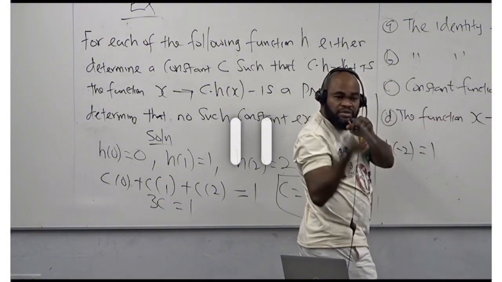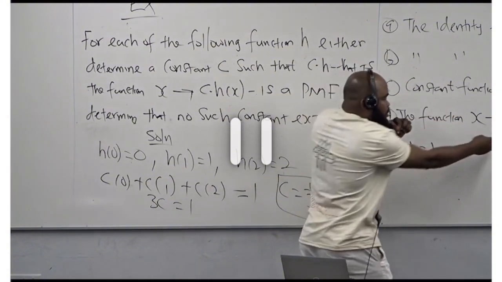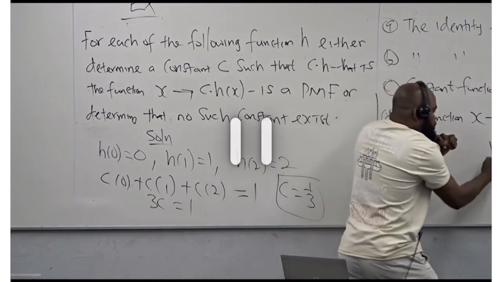That's a constant function. Then you do the same for S squared. What is going to happen for S squared?